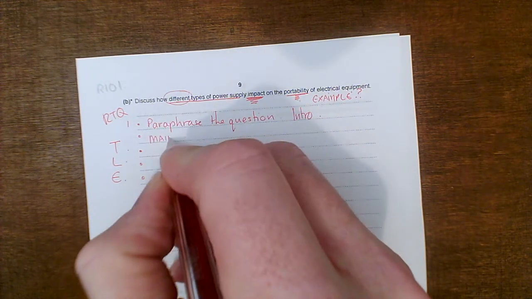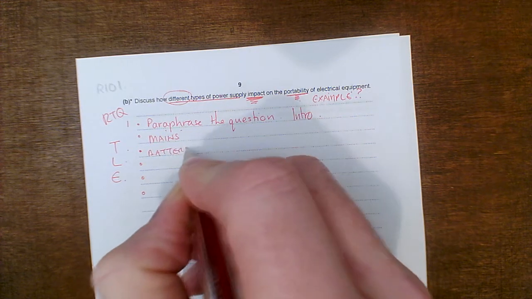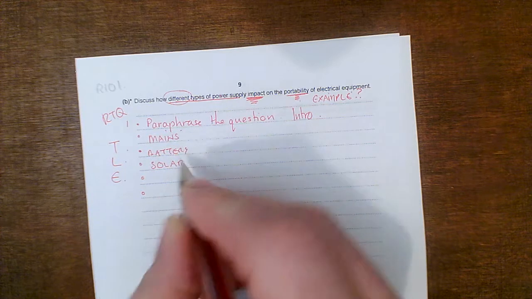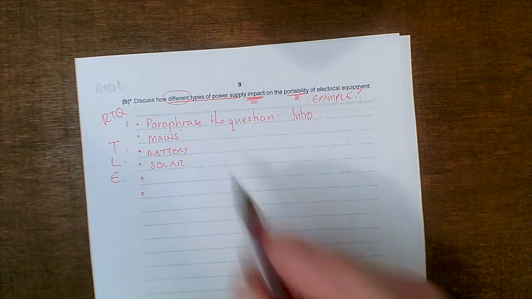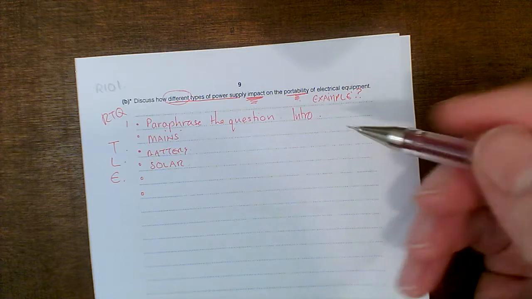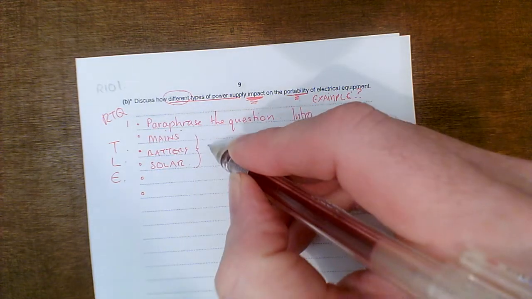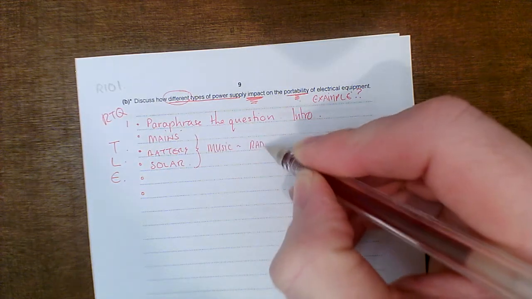So there's mains, battery, and I'm going to go for another one, solar. Those are the 3 different power supplies. An example product might be a phone, which would be typical, but I'm thinking perhaps something to do with music, like a radio.